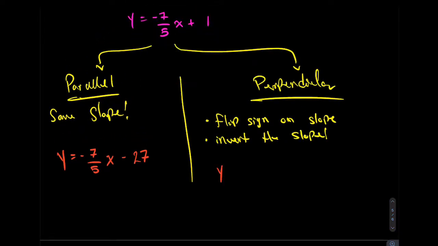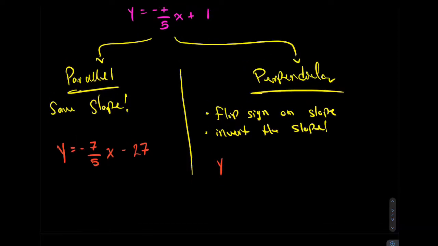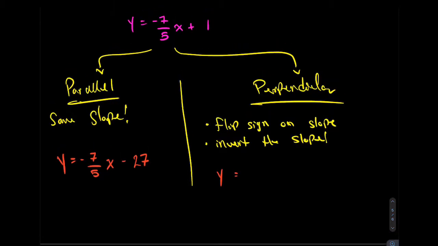It's going to be y equals, a positive fraction this time, but instead of negative 7 over 5, it's going to be positive 5 over 7. And then you can just leave the y-intercept. That doesn't have to change, and you can change that y-intercept to whatever you want. It can be plus 7. This will always be perpendicular, as long as the slope is flipped in terms of its sign, and then you invert the slope itself. Okay.